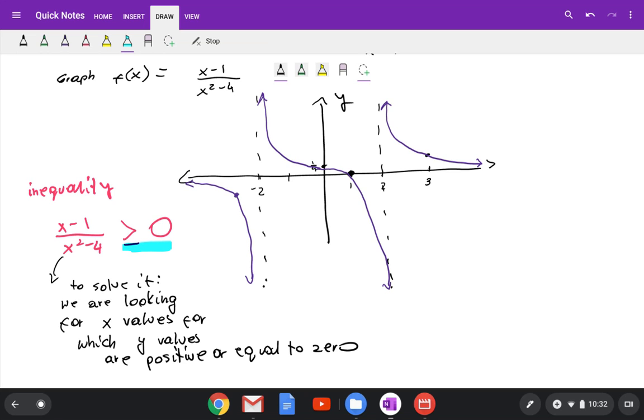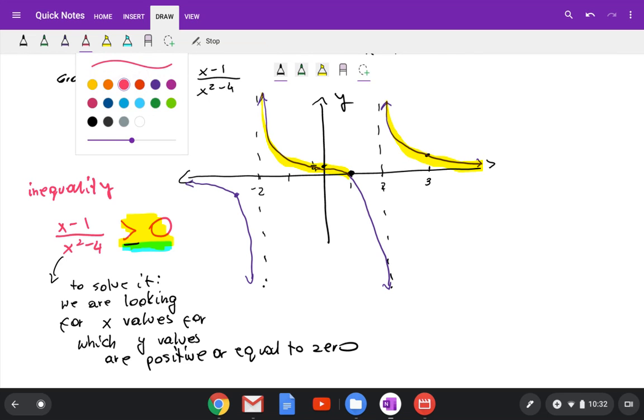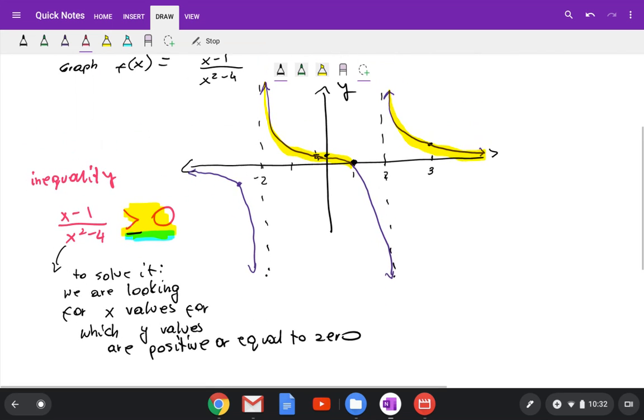So now I will go back to the graph, just mark that in yellow, and I'm going to mark in yellow the positive y values. Which means I'm going to mark in yellow the part of the function which is above the x-axis. This one right here, greater or equal to 0, and this one. Okay, so what will be the solution of this inequality?